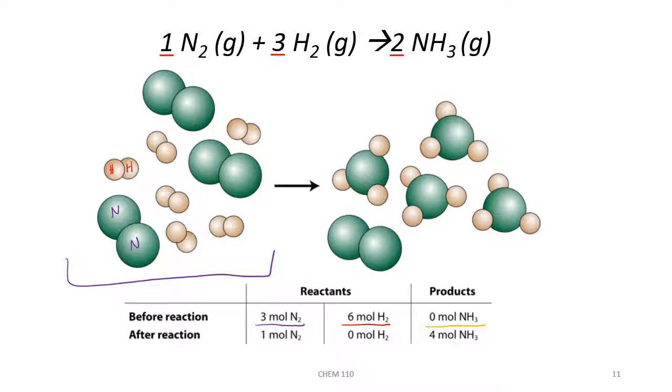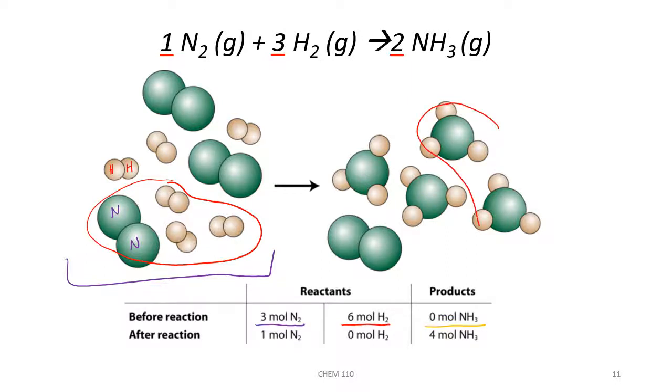If we group together our nitrogen and our hydrogen according to our balanced chemical equation, we can see what we need to form our ammonia. For every 1 mole of nitrogen, it combines with 3 moles of hydrogen. So we have 1 mole of nitrogen combining with 3 moles of hydrogen, and that forms 2 moles of ammonia.